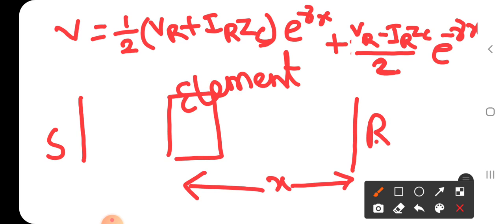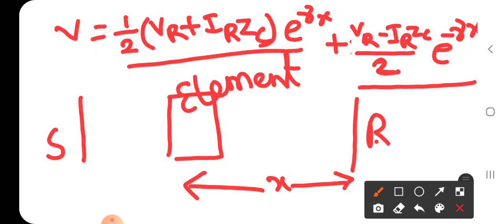If you observe the voltage equation, it has two components, the first component and the second component, and both depend on the variable x. If we increase x, the first component increases and the second component decreases.